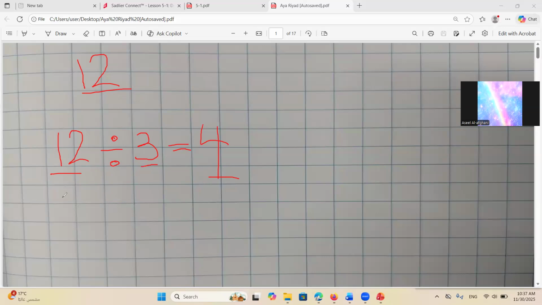So you write 4 times 3 equals 12. Okay, teacher. So in this way, the number is going to be 4. It's a way to check, or a way to think, to get the answer that you want.